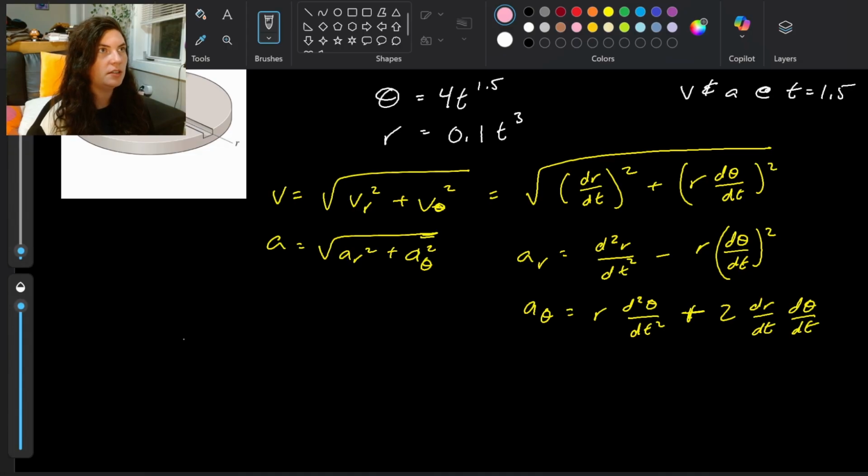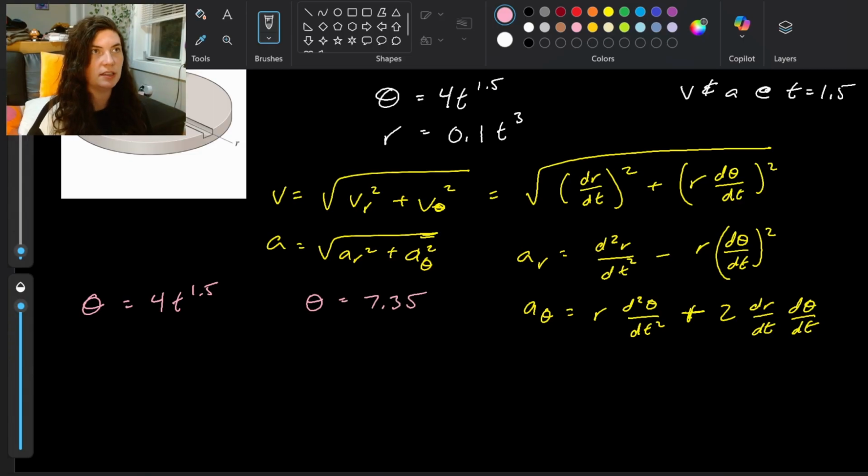All right, we'll go ahead and do these thetas. So theta equals 4t to the 1.5. I can go ahead and plug in my 1.5 for t in there. Nothing stopping me from doing that. 4 times 1.5 to the 1.5 power is going to give me my theta value of 3.75.